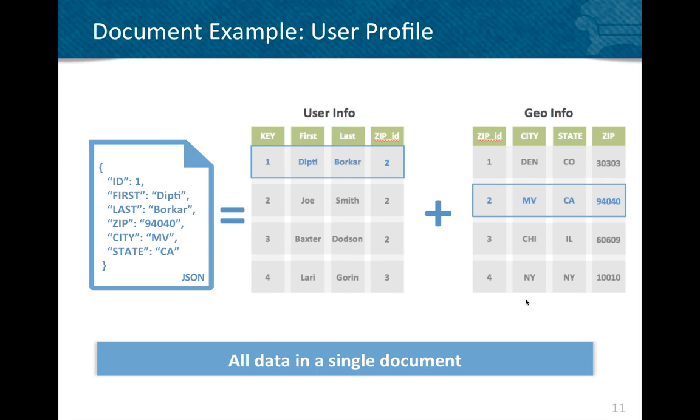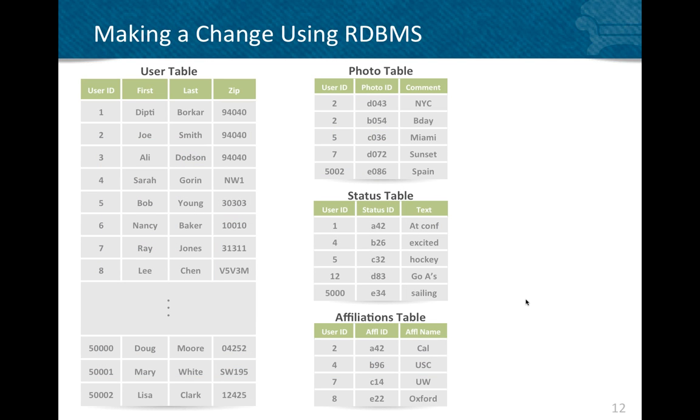But what this represents is almost a pre-computed join across the two tables, the user info and the geo info table, and this is for the key where key equals 1. So you would perform a join across the two tables, get all the information about the relevant record, and in this case, everything gets stored into one document.